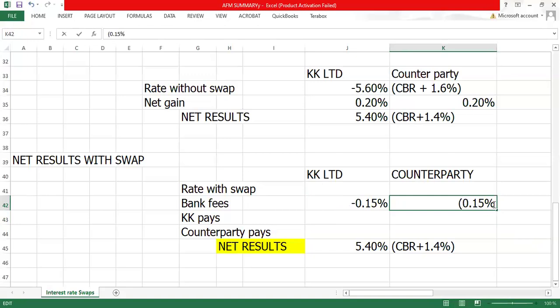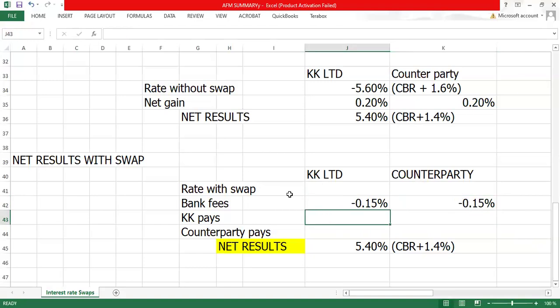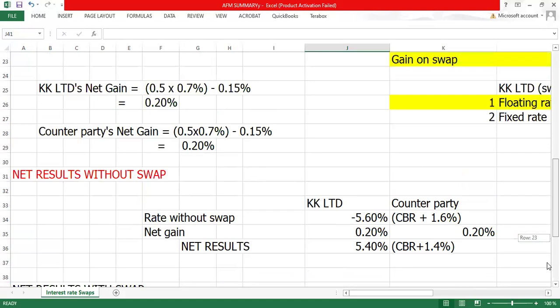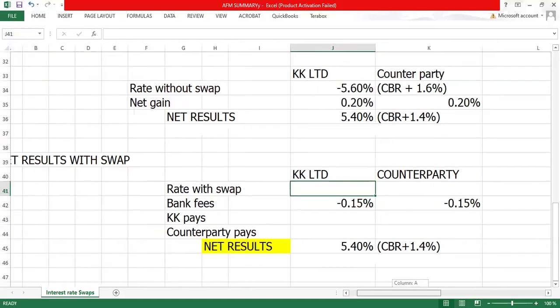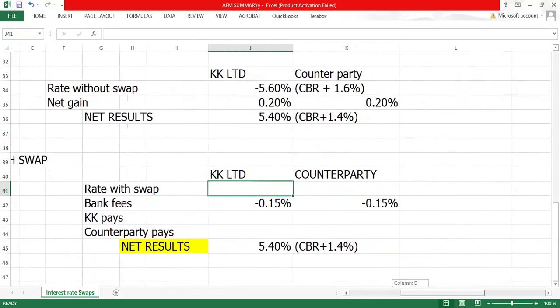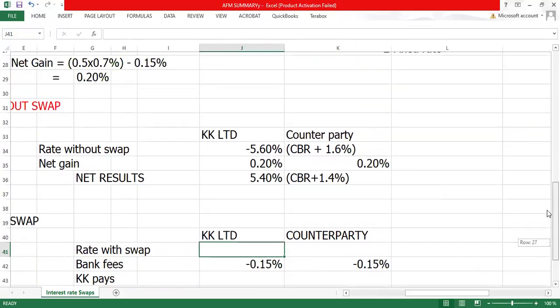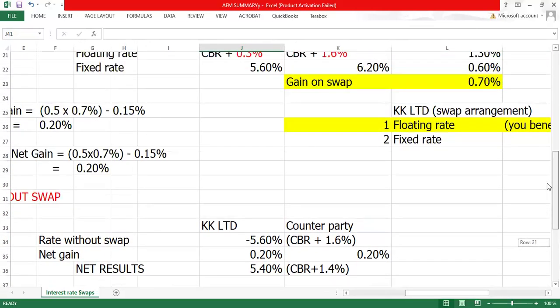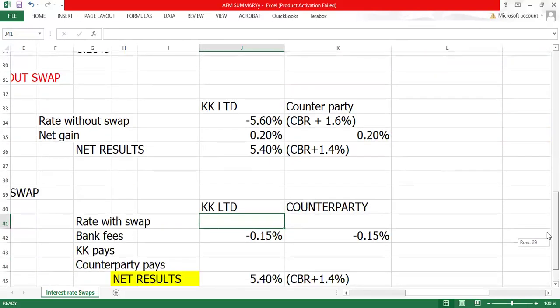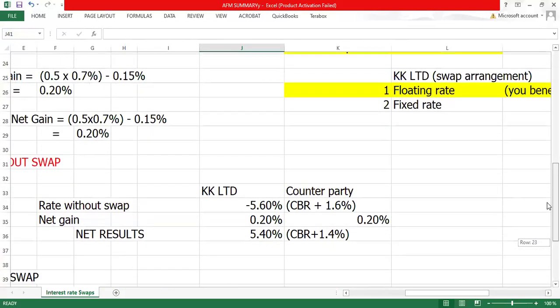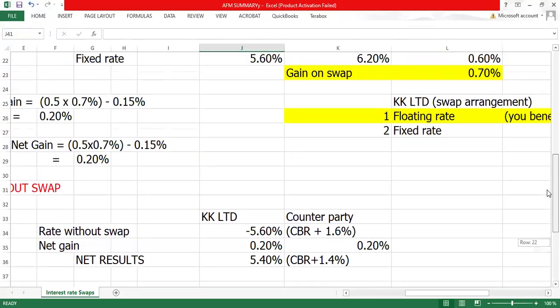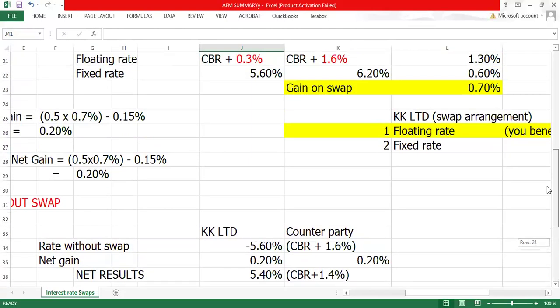To show that it's a cost, you put it in bracket. Then in arrangement with swap, KK Limited, we saw that KK Limited is going to go with which rate? The floating or fixed? The fixed rate. In arrangement with swap.